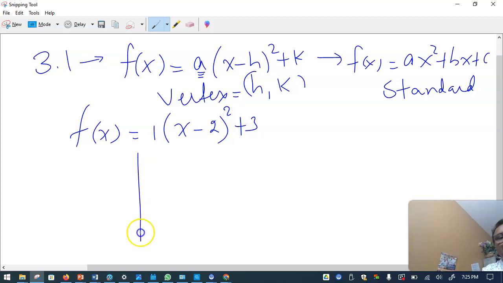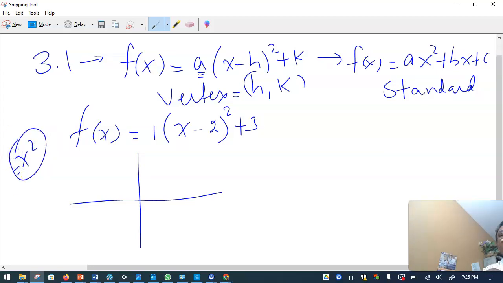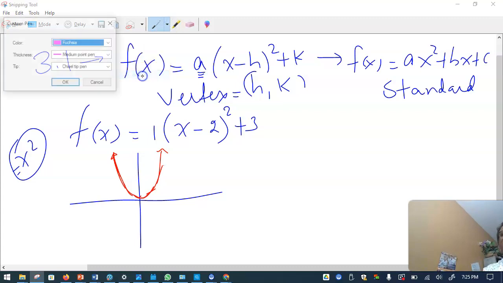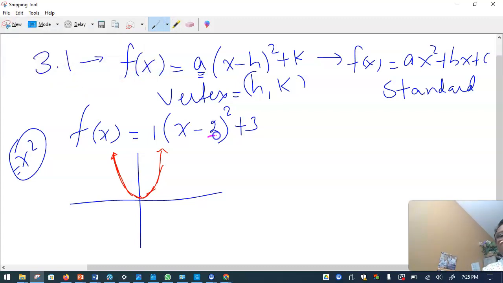It means if I draw the x-axis and y-axis, the square function that you have, that is x square, the original function, suppose this is the square function, which is a parabola that opens up, concave up, or opens upward. This one moves two places to the right, so we go 1 and 2, and then you go 1, 2, and 3 up.